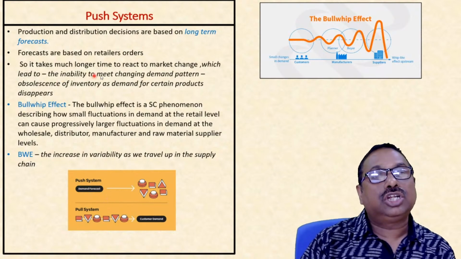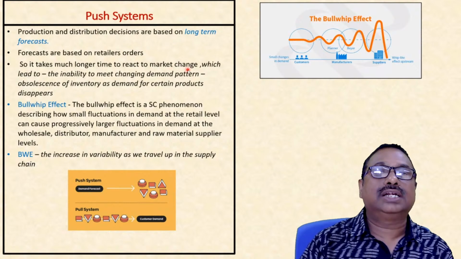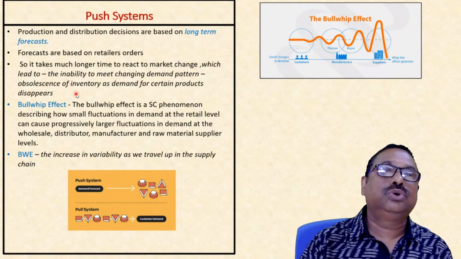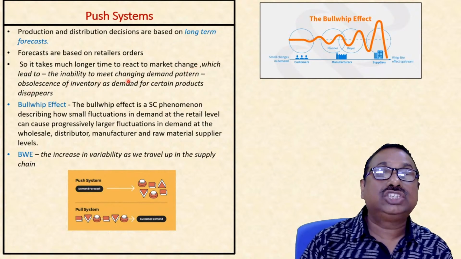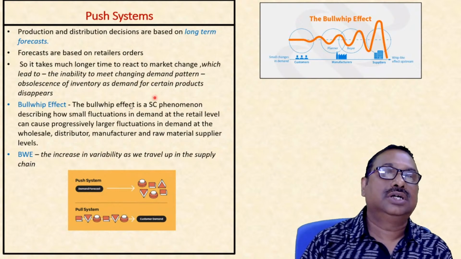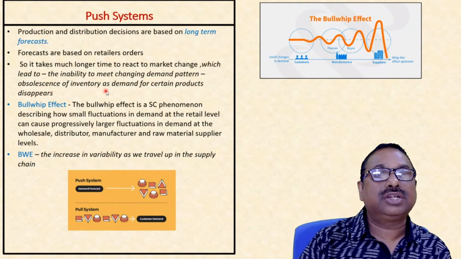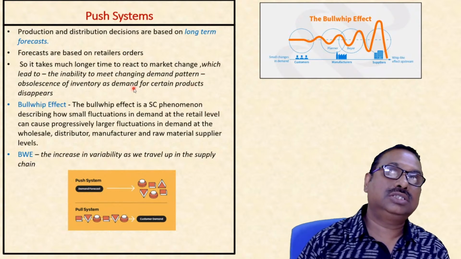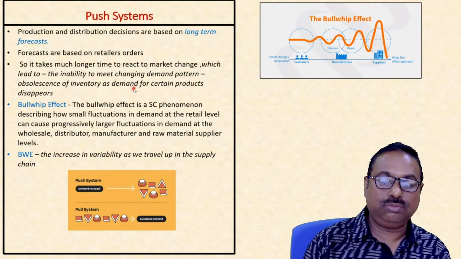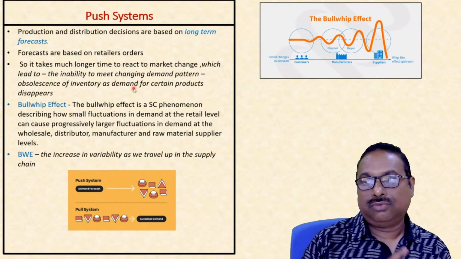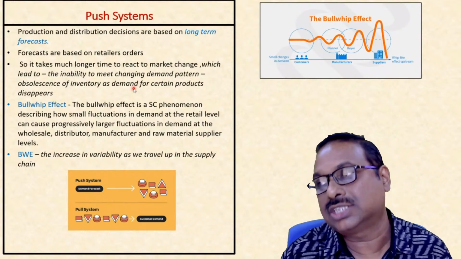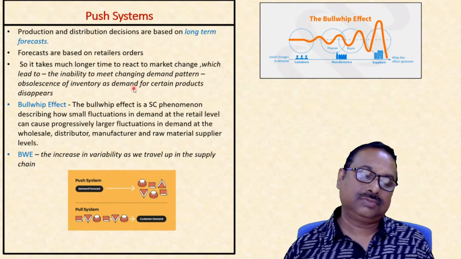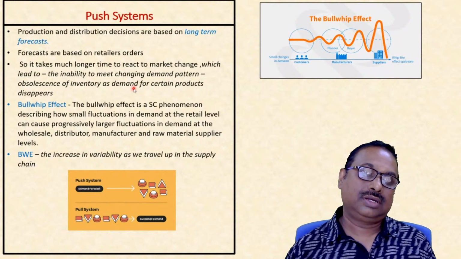So it takes much longer time to react to the market change, which leads to the inability to meet changing demand patterns and obsolescence of inventory as demand for certain products disappears. Because you forecast and then you manufacture, and forecasting is always associated with error.